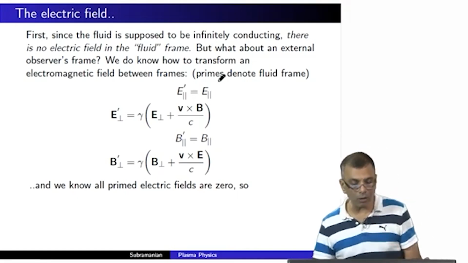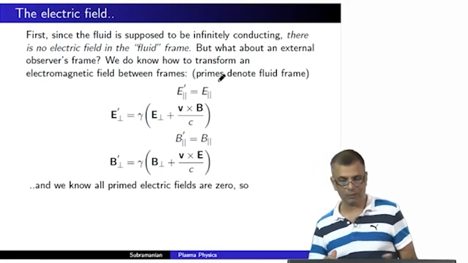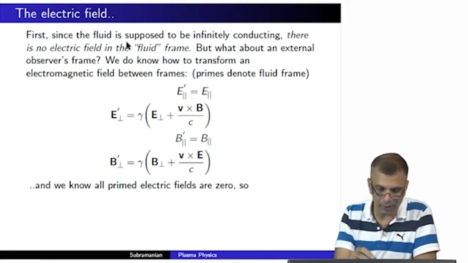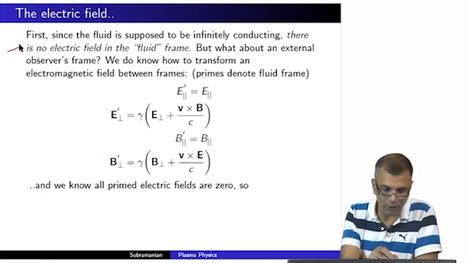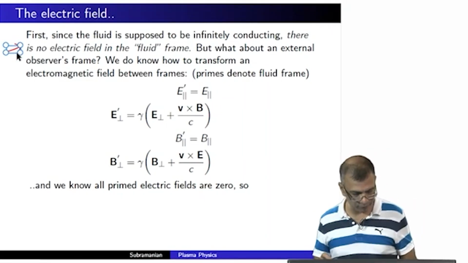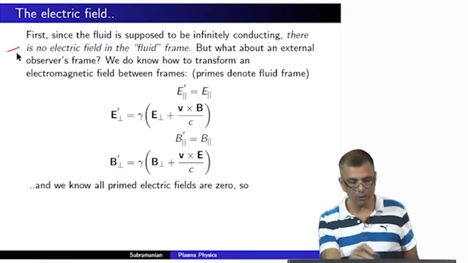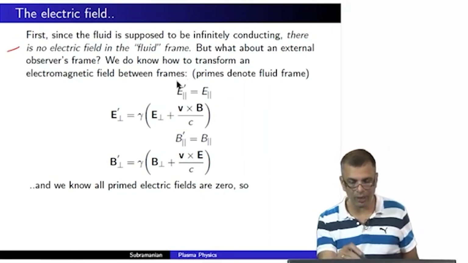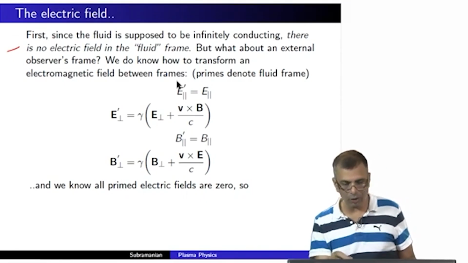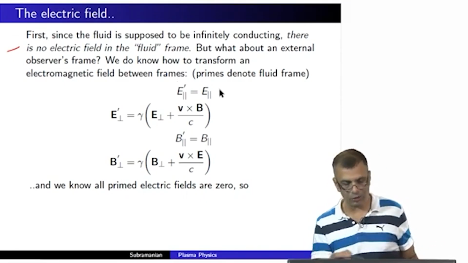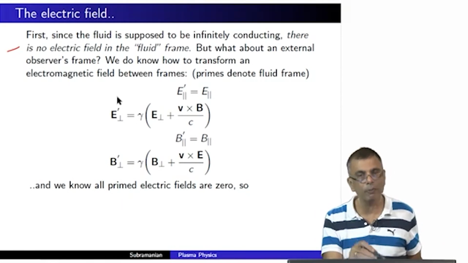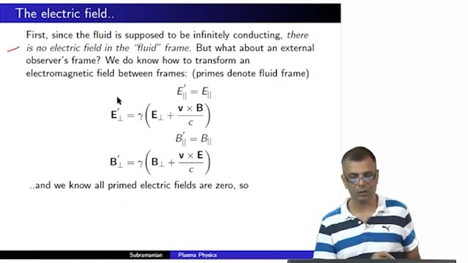Now we know that all primed electric fields are 0. Right? There is no electric field in the fluid frame, in the primed frame. So E parallel prime is 0. So therefore, E parallel is also 0. For that matter, E perpendicular prime is also 0. Okay.